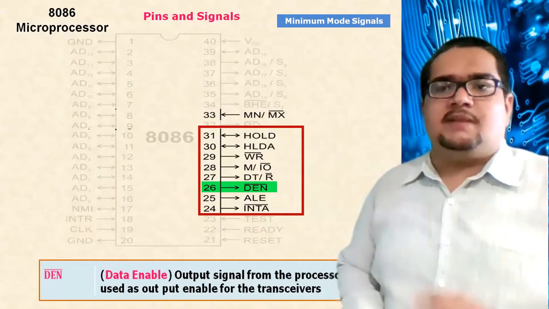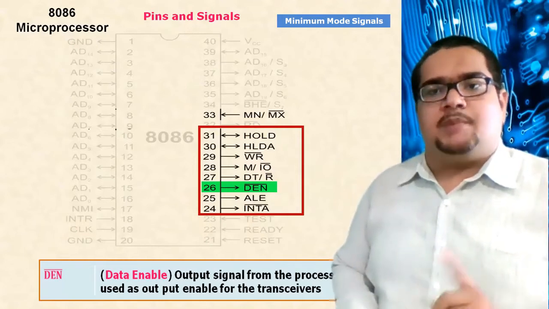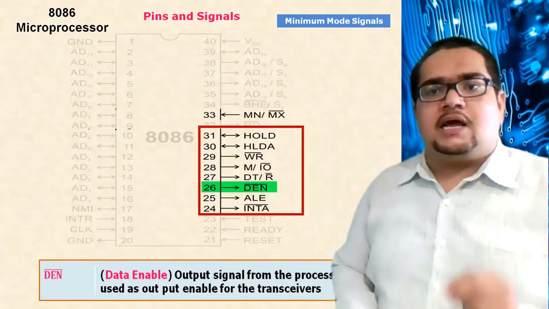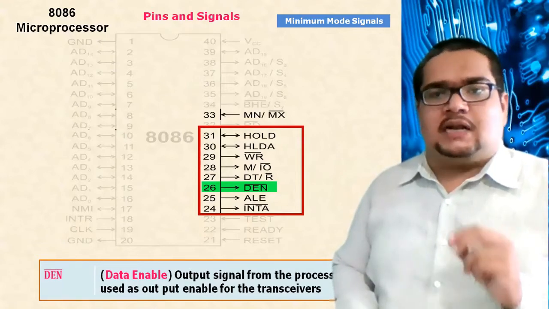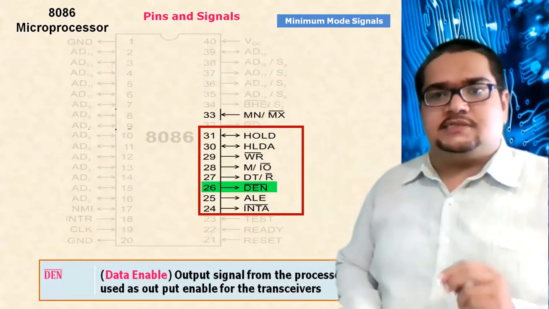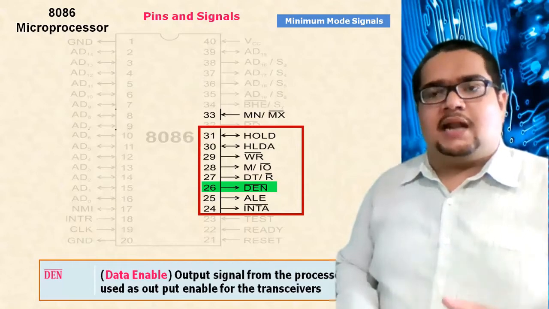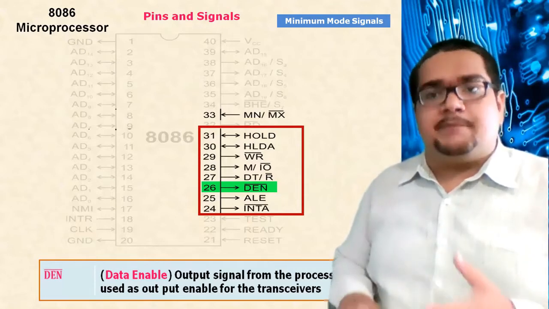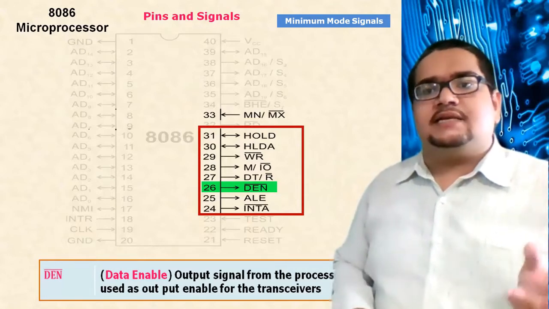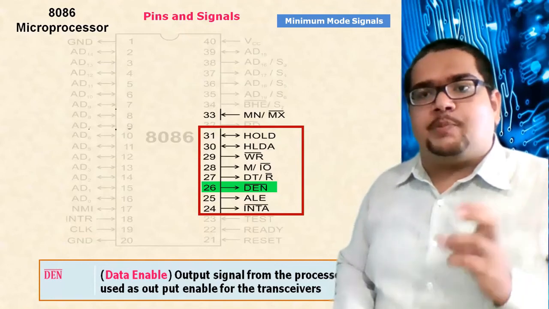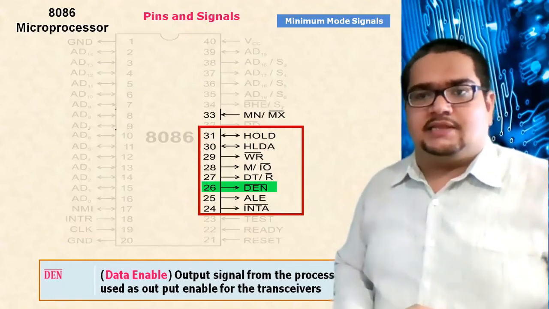So this pin number 26 gives a trigger to the buffers that data is now available on the AD lines, AD0 to 15, and it turns those buffers on so that the buffer can take a copy of the data available on the data lines.